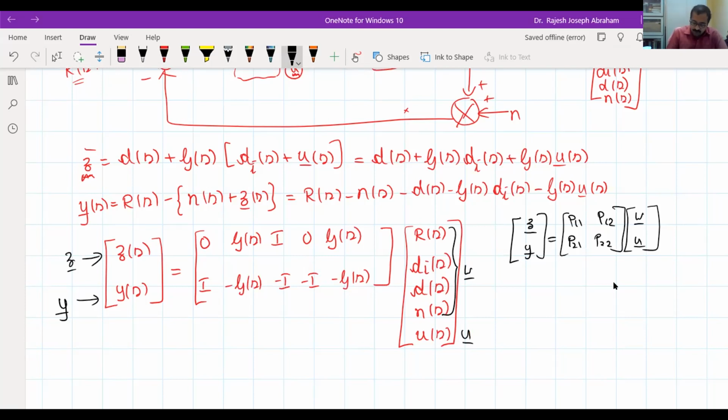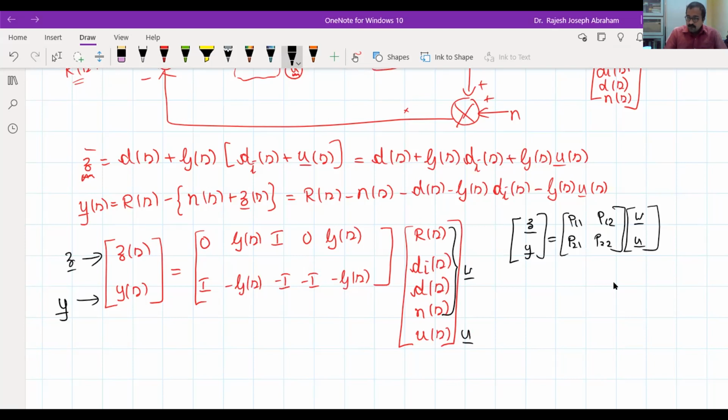Okay. What's P11? So how can you partition this matrix? P11 would be the transfer function between Z and W. Keep in mind, we are discussing linear time invariant, LTI, systems. What is a linear system? One which satisfies both the superposition and homogeneity properties.